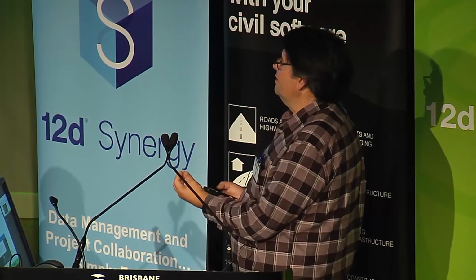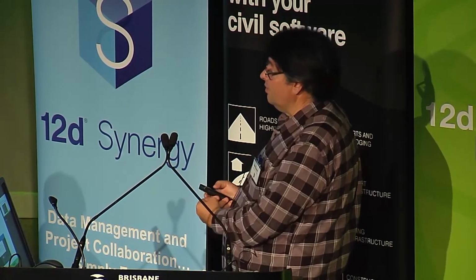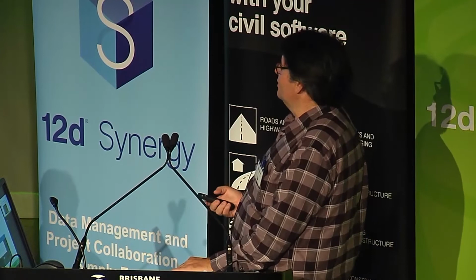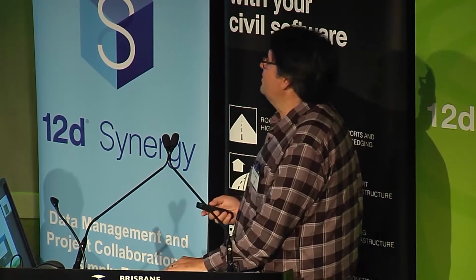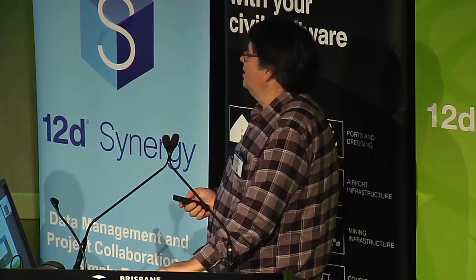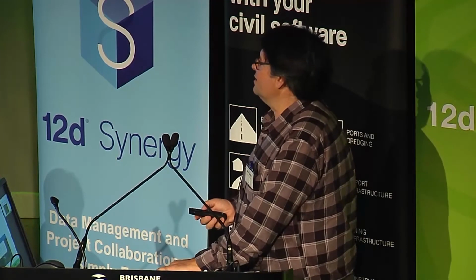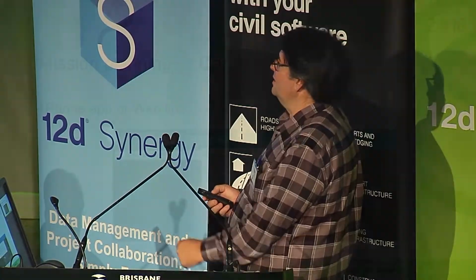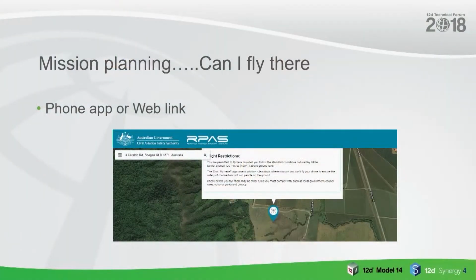But it'll tell you whether you can physically fly there or whether there's restrictions. So if your office is right by the airport, the first thing it's going to do is say, no, sorry, you can't do that. It's a little interactive map, and you can move to where you're going to fly, and then you can click there and it'll tell you whether it's okay or not. Again, assuming that you're going to keep to all the rules that it sets for you.